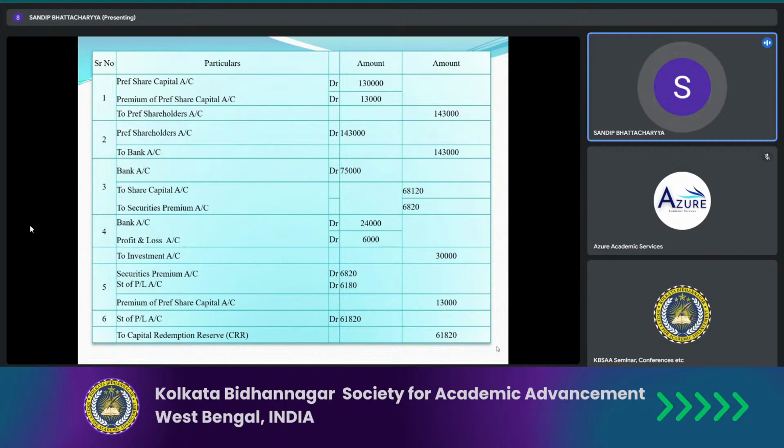First and foremost, when I am talking about redemption, repurchasing, or buyback, either it will be out of profit or it will be out of the fresh issue of shares. So this is the entire thing from my end. Over to you, sir.